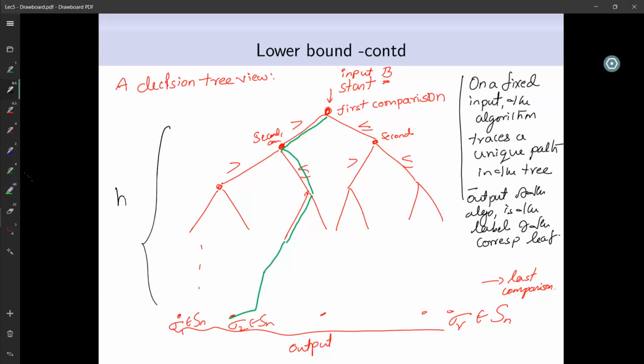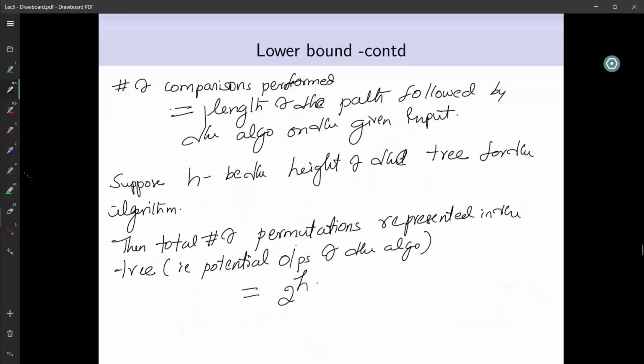See, once you fix the array size n, the comparison tree or this decision tree is fixed, right? Given an algorithm, the decision tree is fixed. You know what decisions are made. So once the decision tree is fixed, we know the set of all permutations being output, and we know the total number of permutations that can be output.